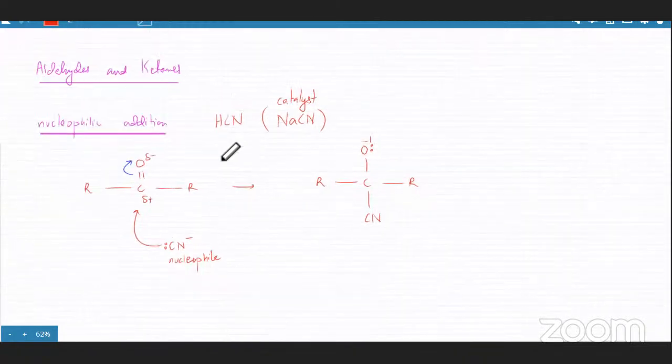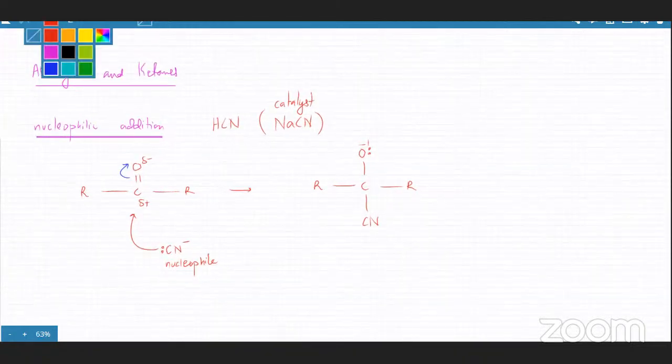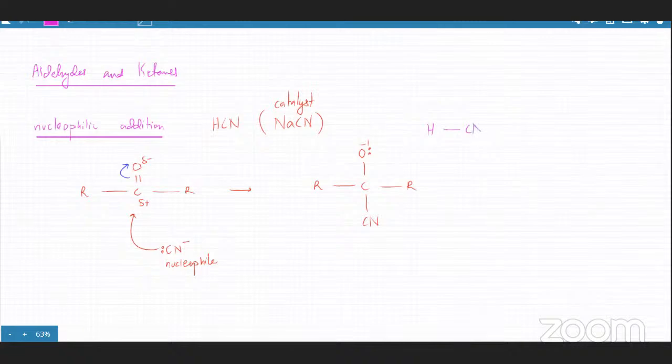The next thing is the HCN molecule comes along with its positive H, and it gets attracted to the negative oxygen. And because the negative oxygen is going to come close to it, the electrons over here are going to get repelled.